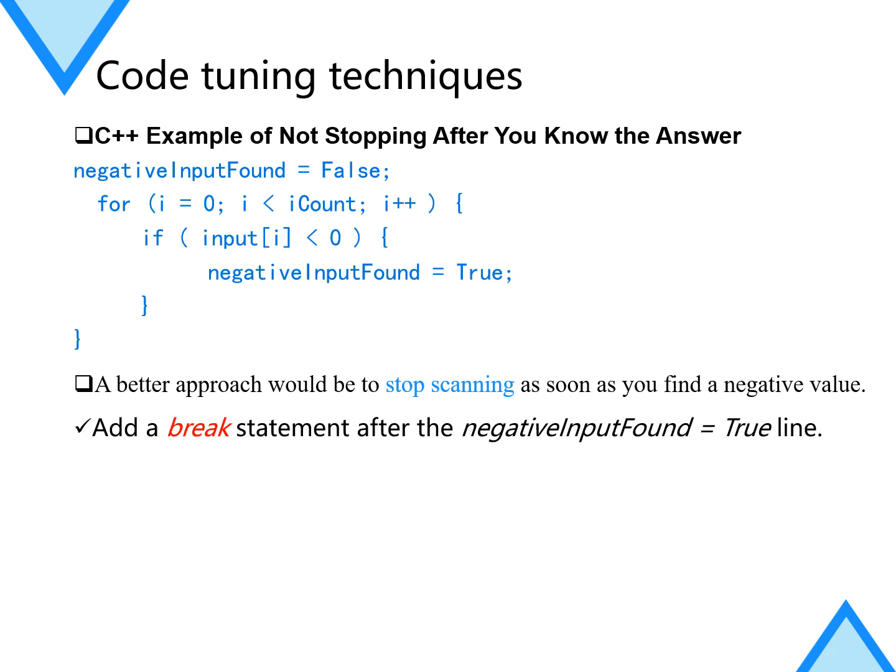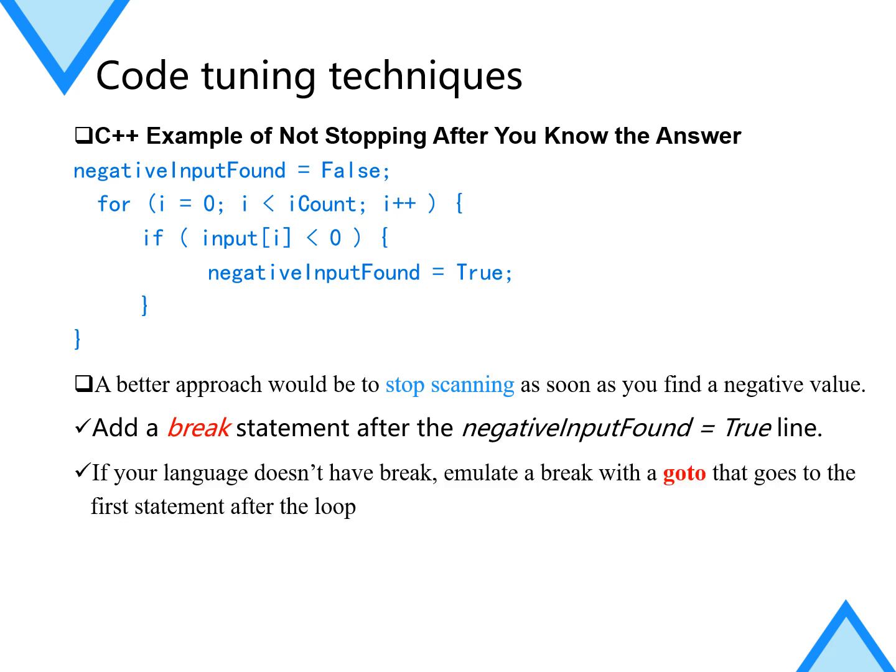As you are familiar with C++ and Java, we put a break statement after the negative input found equal to true line, and then the break will terminate the body of the loop.